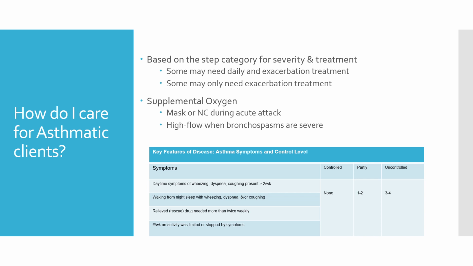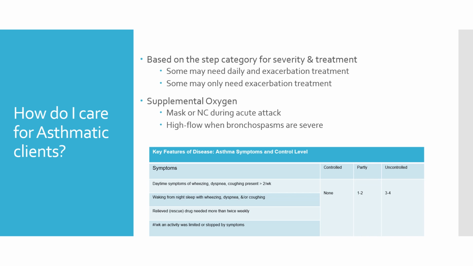So now that we have a good understanding of where our client is in their control, we know where they are with their medications. If they're being well controlled, then we don't need to change their step, whereas if they're partly or uncontrolled, we need to modify their steps.